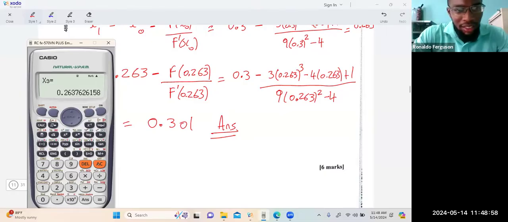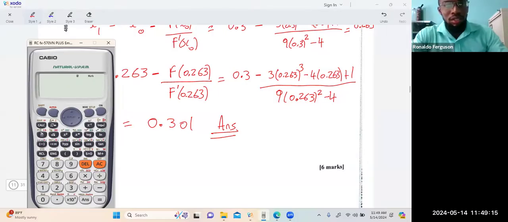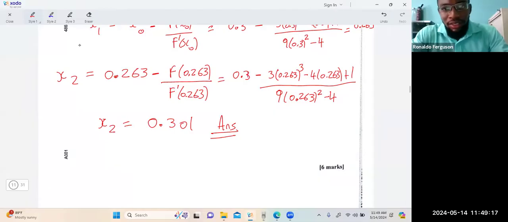Let me check that again because I don't see why we should be so far off. 0.3 is not so close to 0.26. That's a long way off. I'm going to put that back in again.